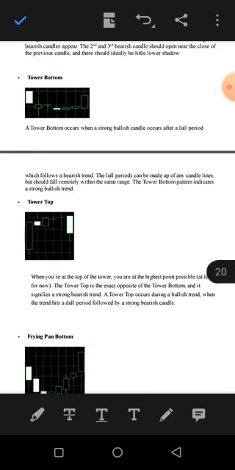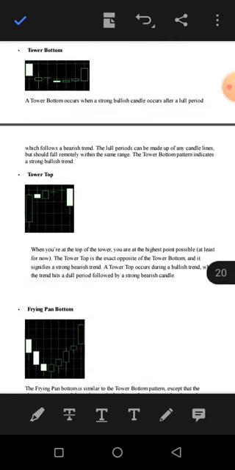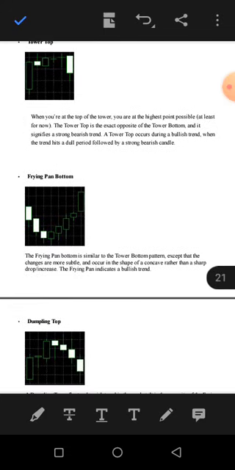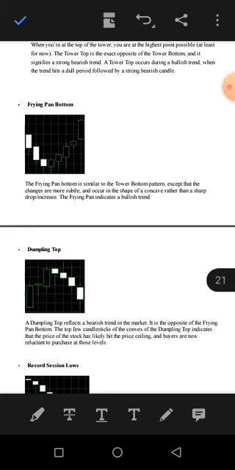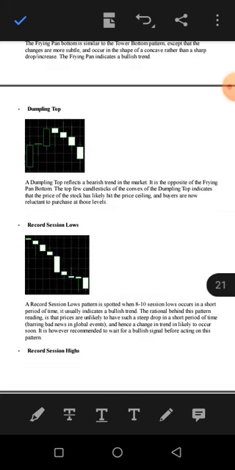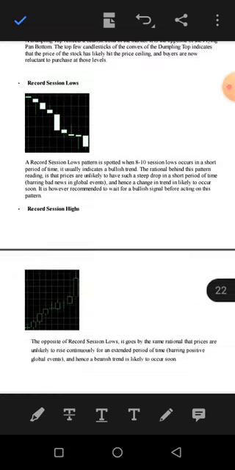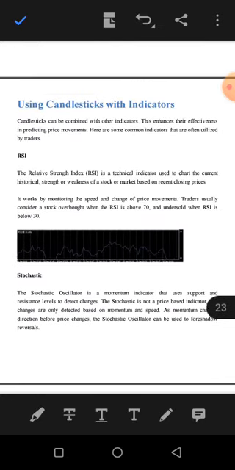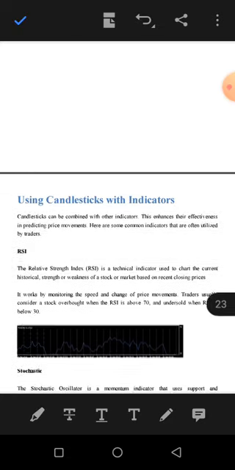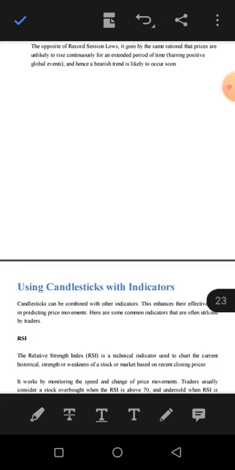We have tower bottom, tower top, and then we have the flying pan bottom, dumpling top. Then we have the recorded session lows. Then we have a bandwagon of them. So very easy to trade, as long as you have this kind of book.